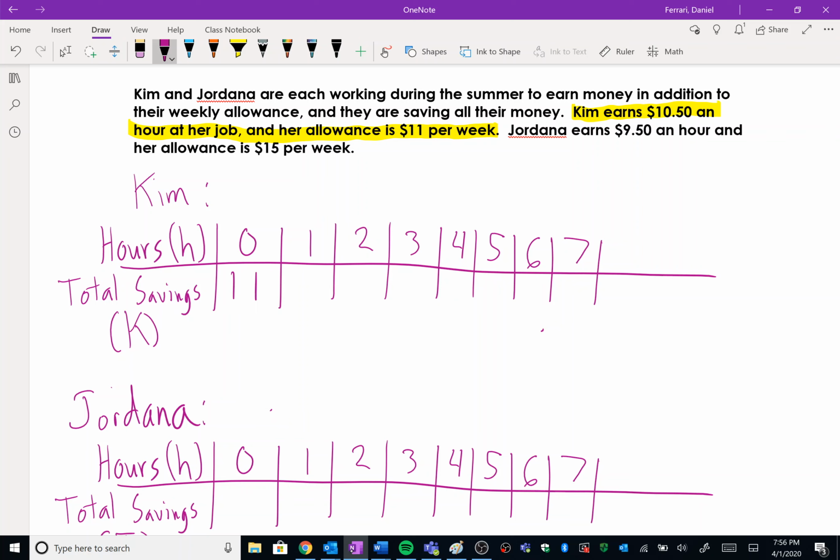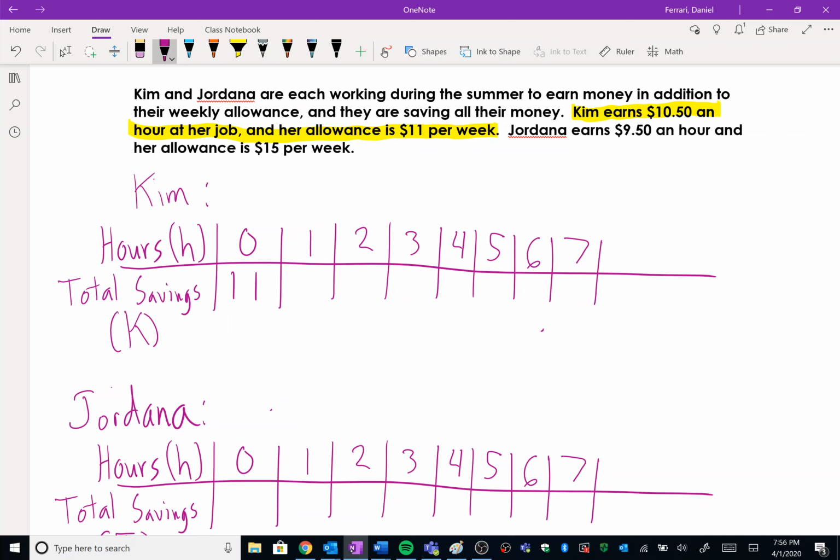No matter if she works or not, she gets her allowance of $11 per week. And remember that these tables represent their total savings for a week. She's only going to get that allowance once a week. So if she works 0 hours, she's going to make $11 for that week.